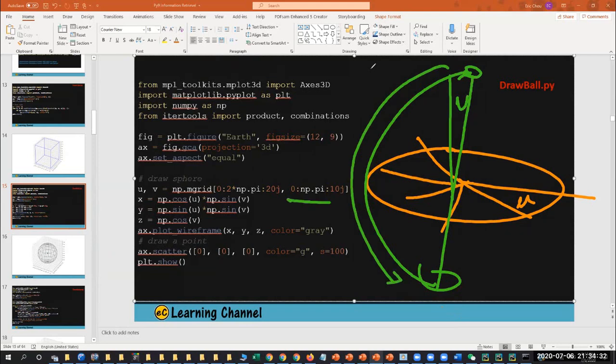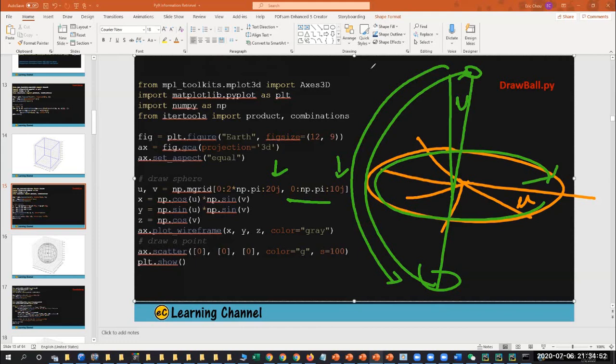Is that okay? I think the third one is the step size. Is that okay? The third one is the step size, so maybe 20 degrees or something. So 0 to 2 pi makes a circle, starting from here. The other one is 0 to pi.